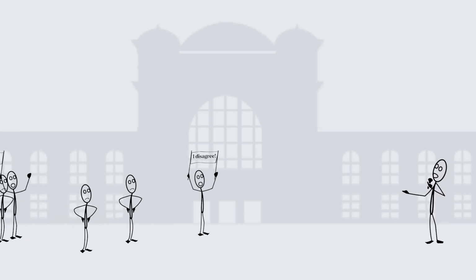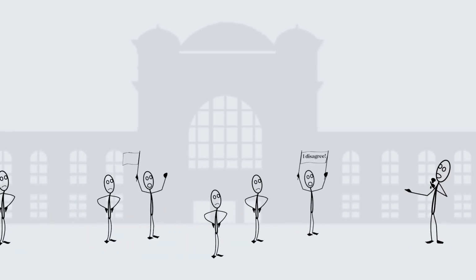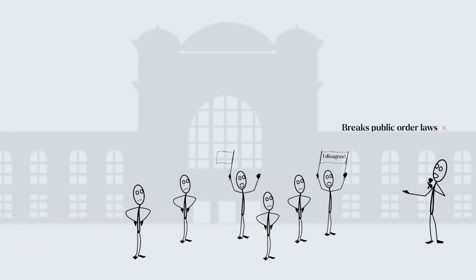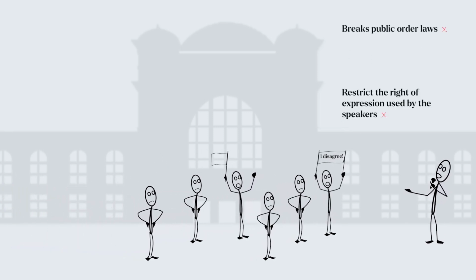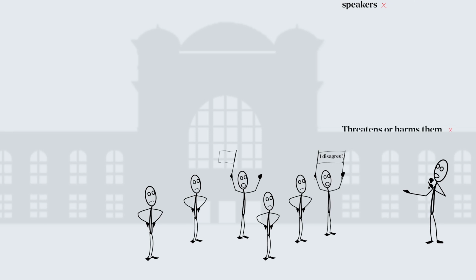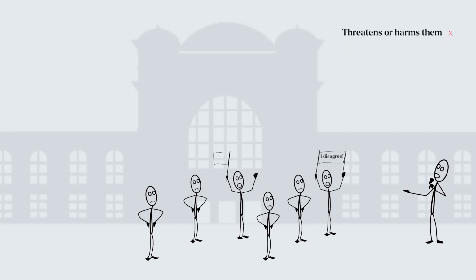Freedom of expression also protects the right to protest. This is an essential part of a functioning democracy and academic debate and challenge. Everyone has the right to peaceful protest, so long as it doesn't break public order laws, restrict the right of expression used by the speakers, and does not threaten or harm them.